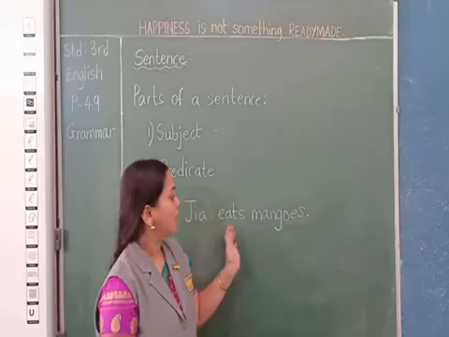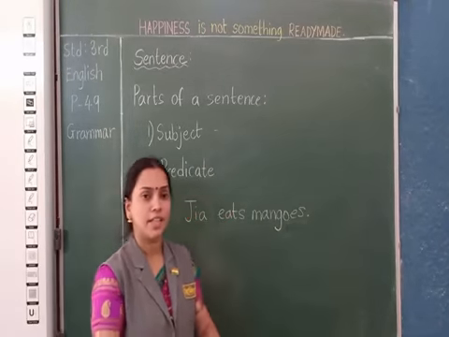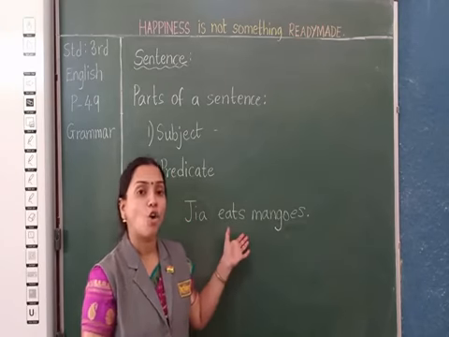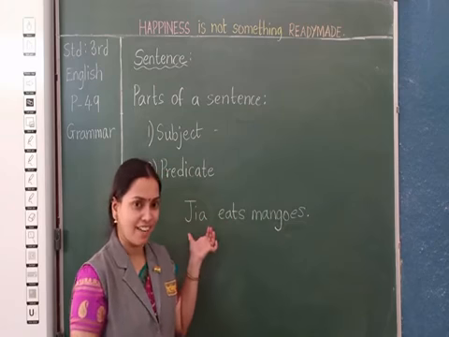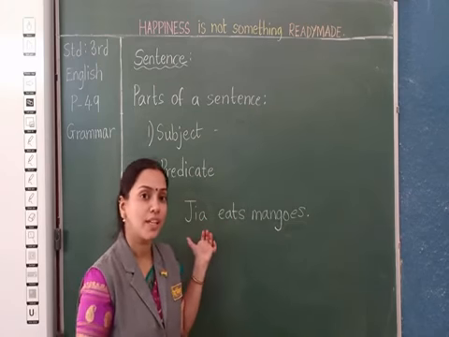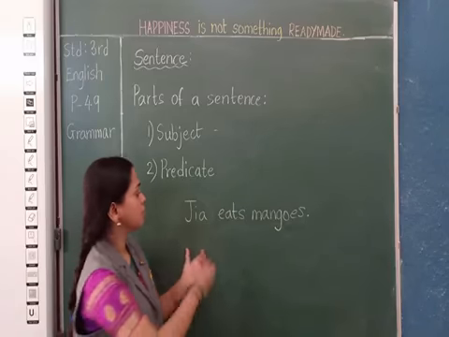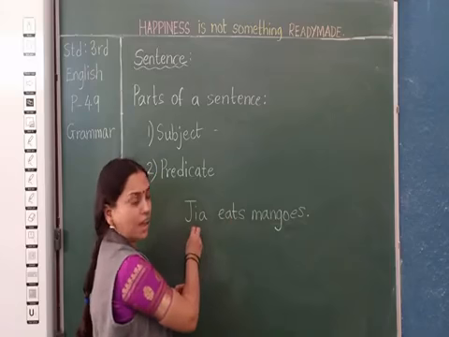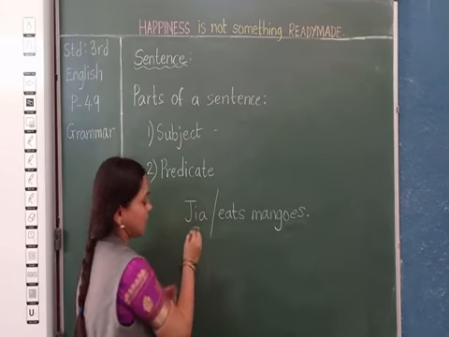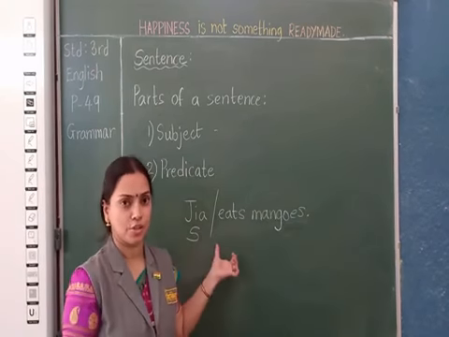After reading the sentence, you immediately come to know we are talking about Jia, isn't it? Here, who is doing the action? Jia is doing the action. So here Jia is the subject, because Jia is doing the action.